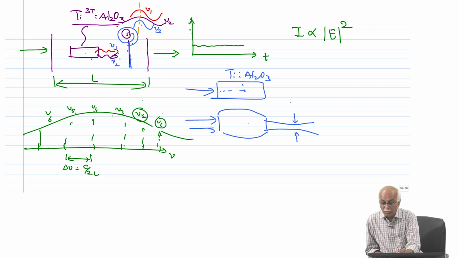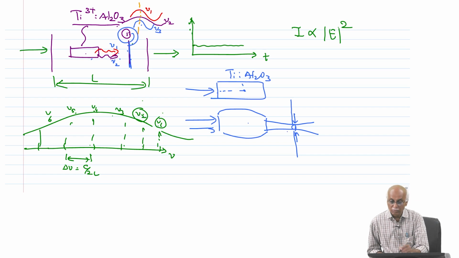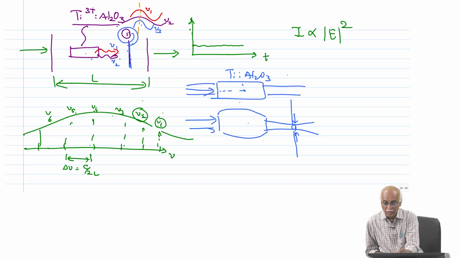If I put one very small aperture over here, which can only allow light when the intensity is large enough, then the focused light will pass through. Otherwise, if the intensity is not large enough, the lens effect is not seen, so whatever beam comes in will pass through, and the aperture will restrict its intensity or energy.